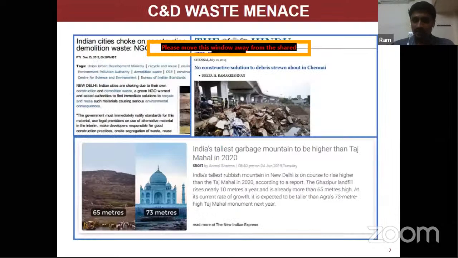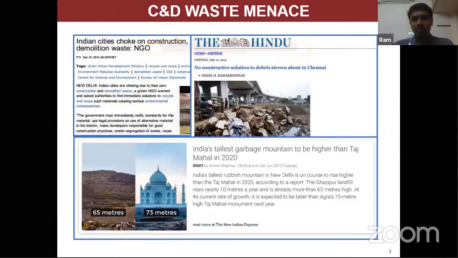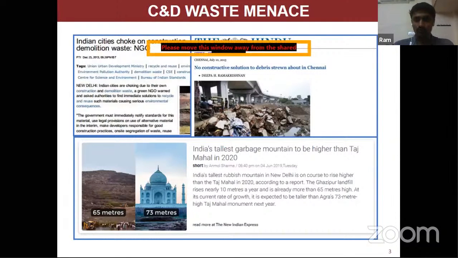So C&D waste has been a big menace to the environment. It is a universal problem, and every city in the world is actually choking on construction and demolition waste. These concrete and masonry debris are being thrown away in streets in every city. The problem is not just limited to resource depletion, but also the pollution associated with it on air, water, and soil, and whatnot.